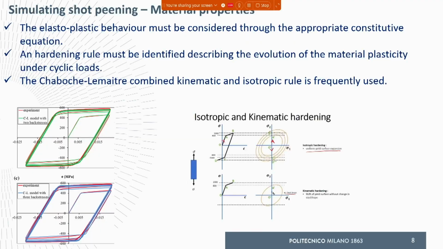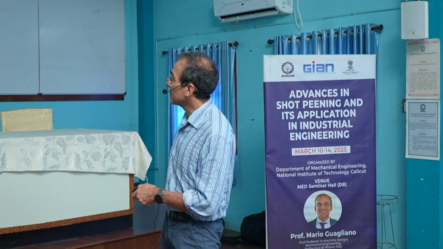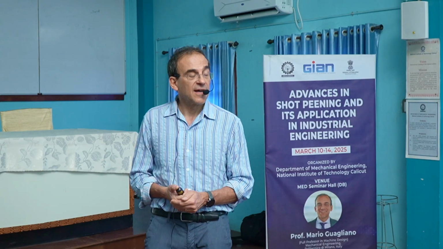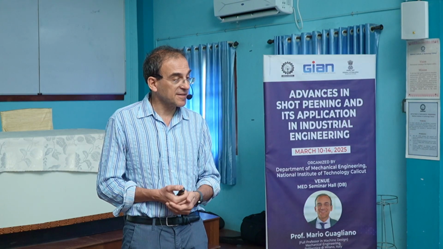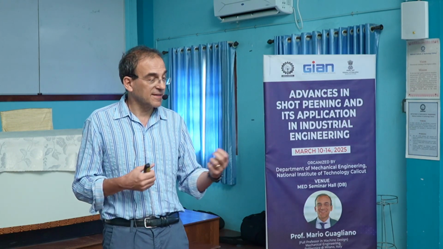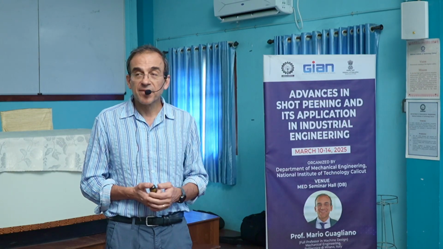And one of the rules that is mainly used and is most implemented in the finite element code is the so-called Chaboche-Lemaitre hardening rule, with different grades of complexity, let's say. It is a combined isotropic and kinematic hardening rule, okay?